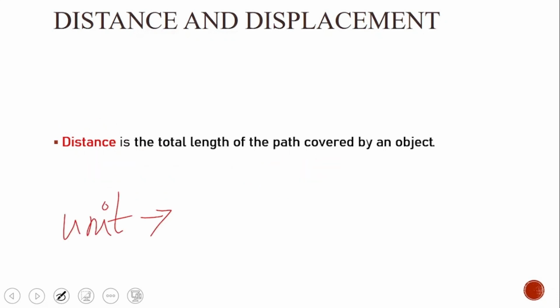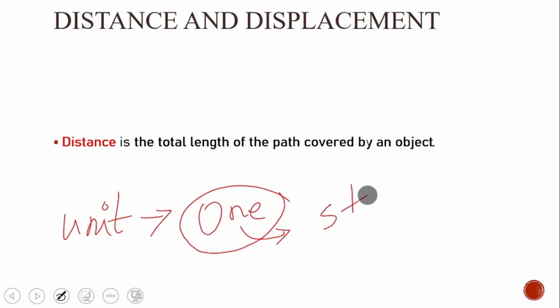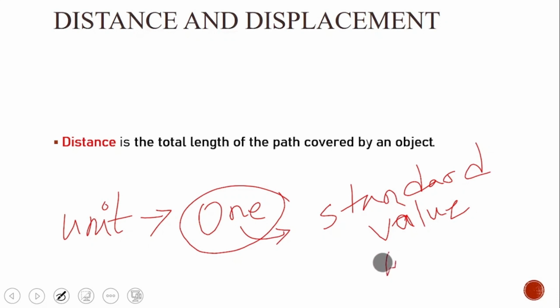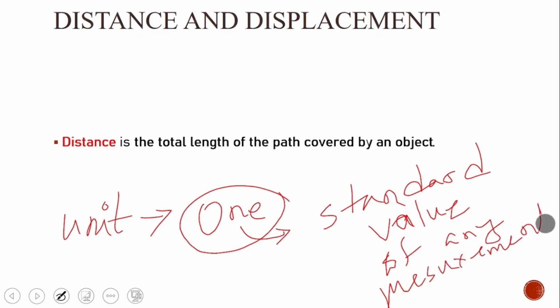Unit in general has one meaning, but in physics, a unit is the standard value of any measurement, right?